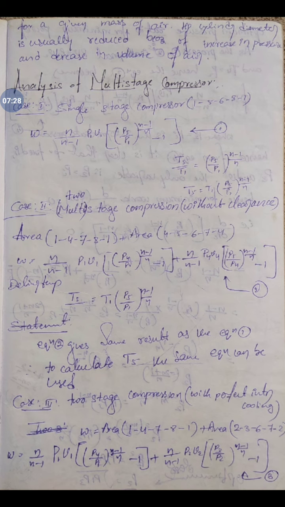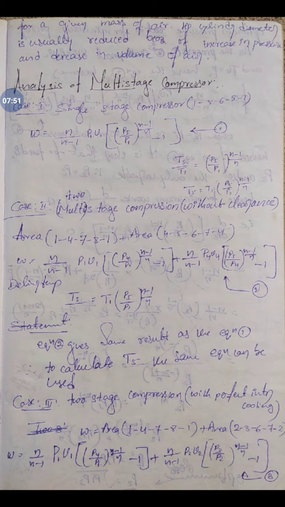Even when compression takes place in two stages, we will get the delivery pressure as P5. So we will get T5 by T1 is equal to P5 by P1 to the power of (n minus 1) by n. From this we get T5 is equal to T1 into P5 by P1 to the power of (n minus 1) by n.